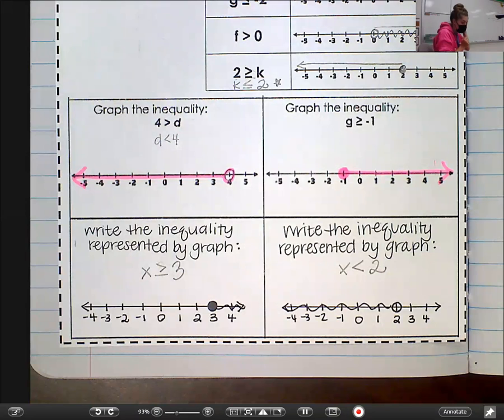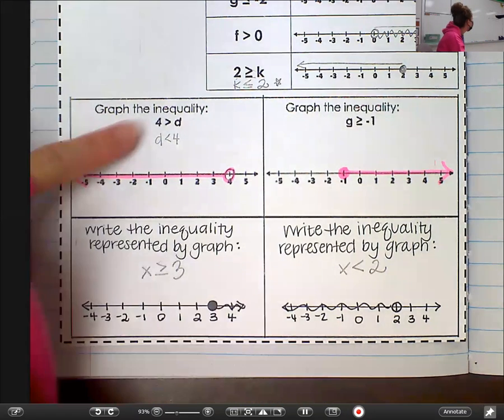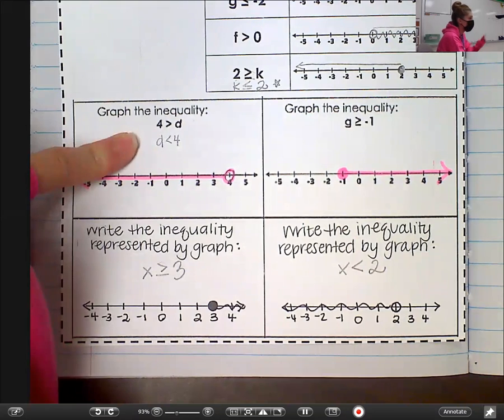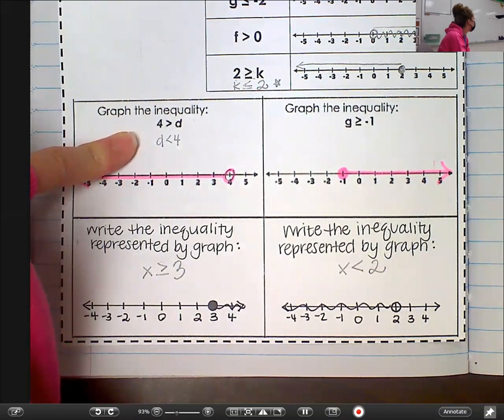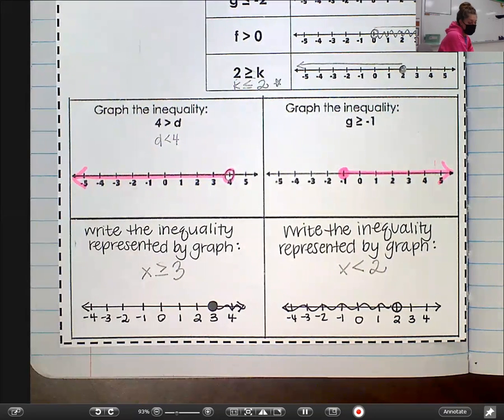When you're ready, just take a peek up at the board and make sure you have the matching graphs and description. So again, a little bit tricky on this one. I just went ahead and switched the sides to make it easier for my brain. Any questions there?